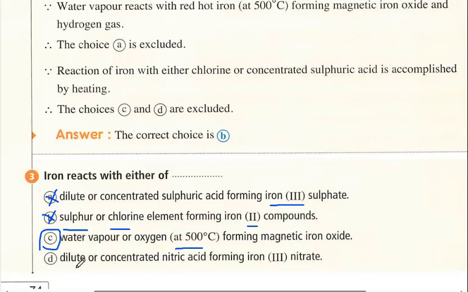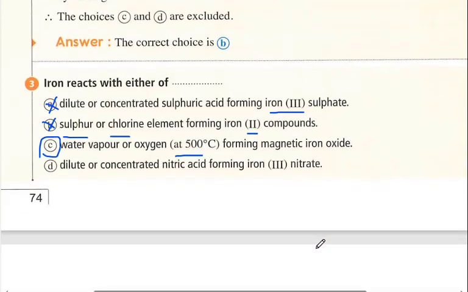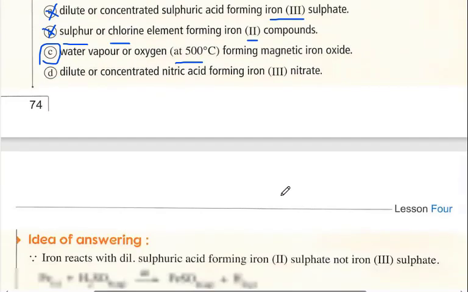So actually there is no reaction when dilute or concentrated nitric acid reacts with iron. It is obvious that when water vapor or oxygen reacts with red hot iron, or at a temperature of 500 degrees Celsius, the magnetic iron oxide is formed.